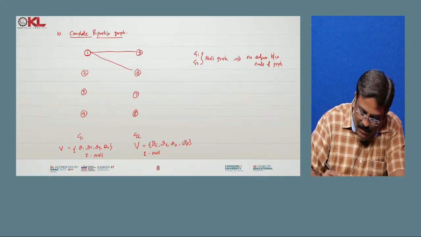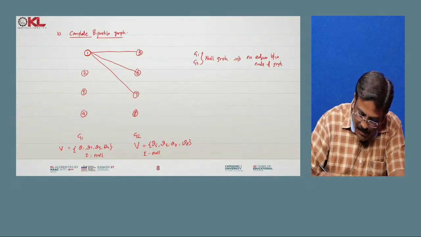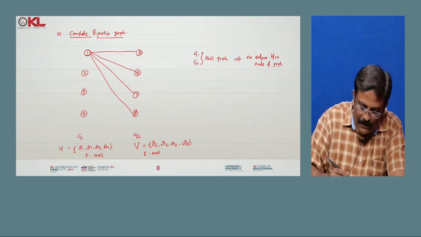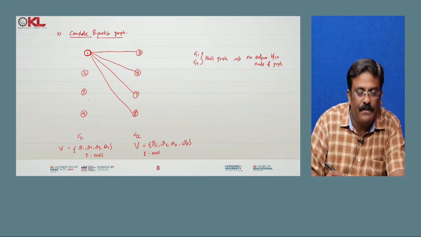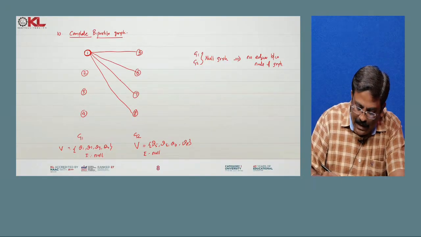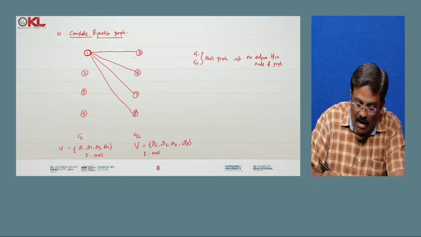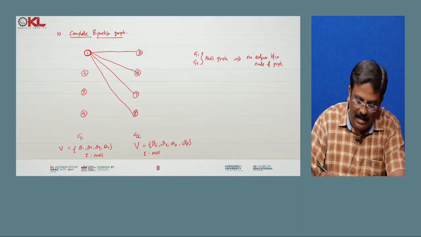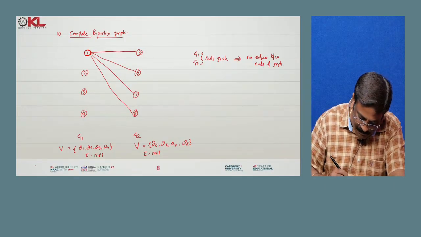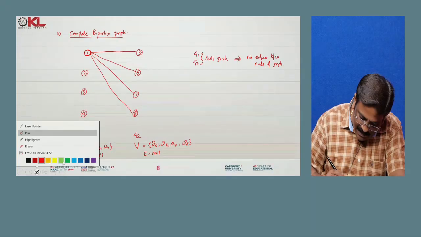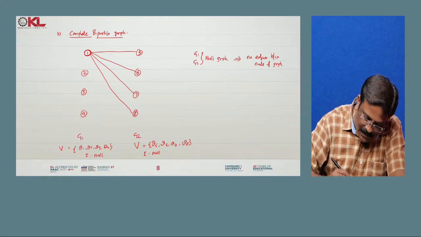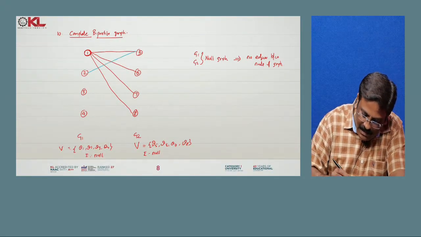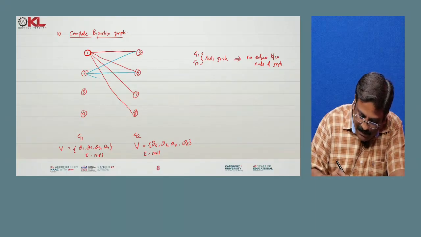Like this: 1 to 5, 1 to 6, 1 to 7, 1 to 8. From one node, the edge should exist to all the other nodes of the other null graph. If I take 2, we may have the connectivity like this.